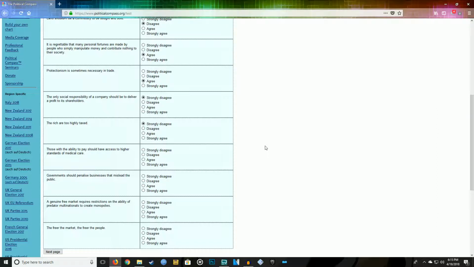At first, I was thinking more along the lines that if you want extra, like cosmetic surgery done on your face, like a nose job or collagen put in your lips or something, that you could pay extra. And that some stuff like that is not covered because it's purely cosmetic. It does nothing to improve your health or anything like that. So I disagree that they should have higher standards of medical care.